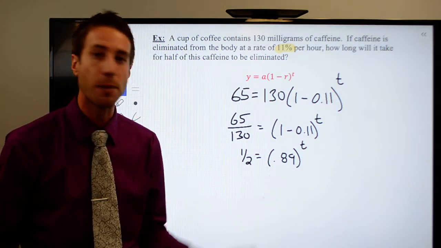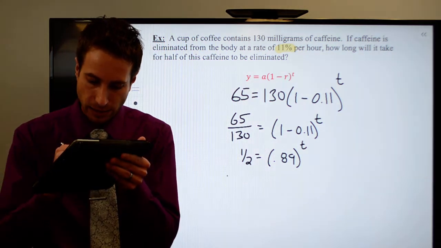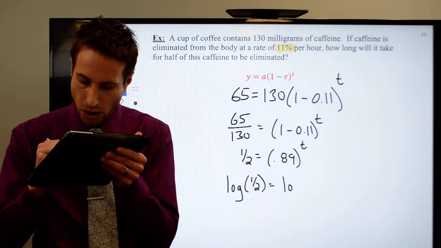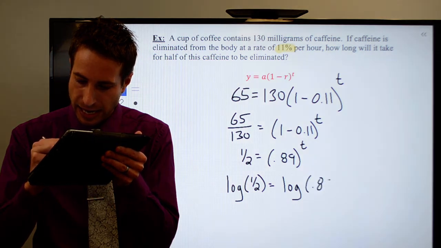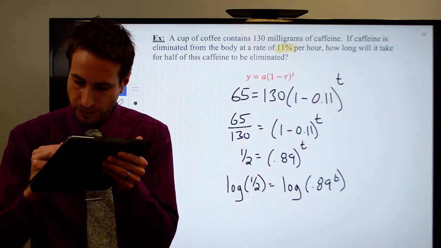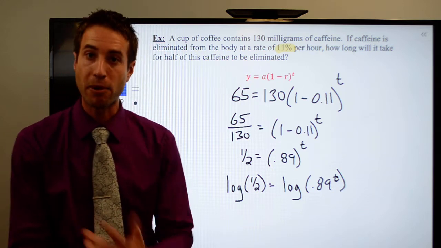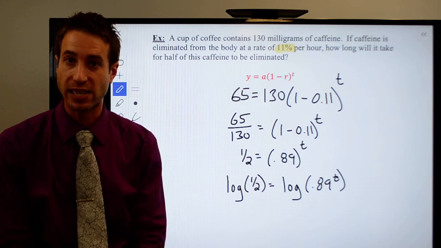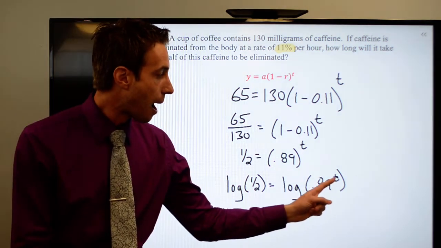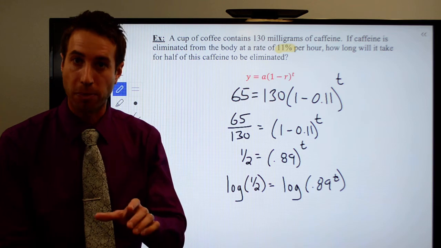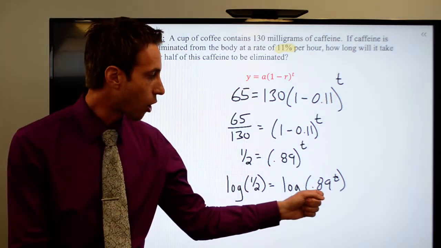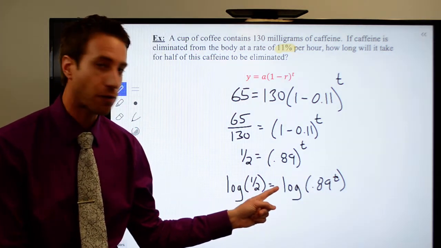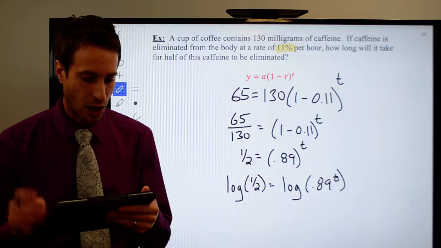I will take the common log of both sides. Log of 1/2 and log of 0.89 to the t. Now, hopefully what you'll remember from back in section 6 is now that I've taken the log of both sides, because algebra says whatever I do to one side, I've got to do to both sides, I have a power property for logarithms, right? My argument is raised to a power. I can use the power property to bring that t out front and multiply it as a coefficient.